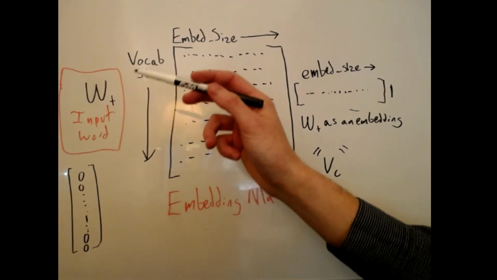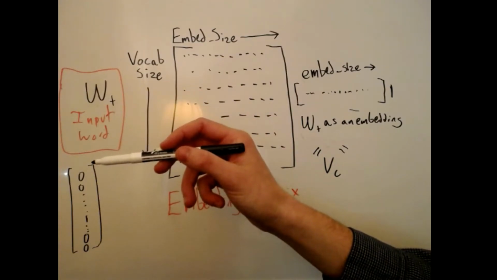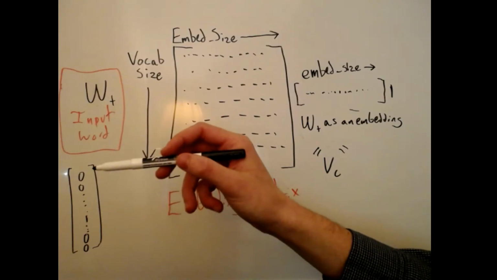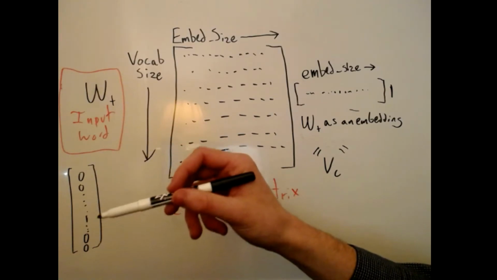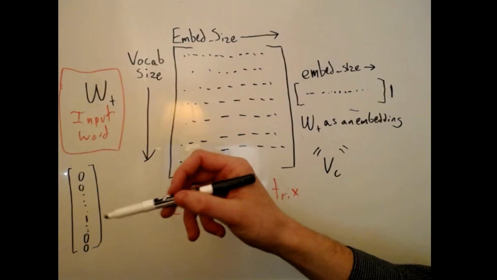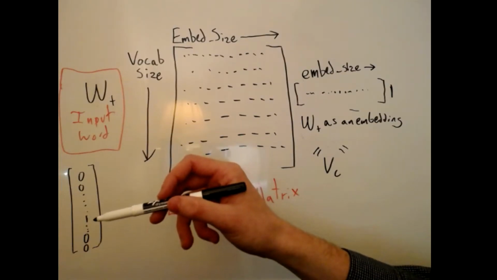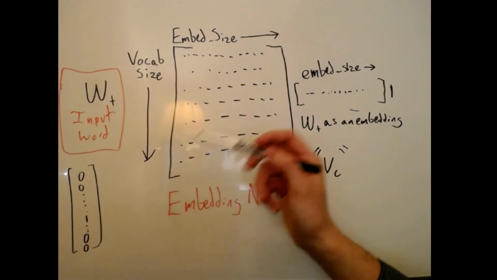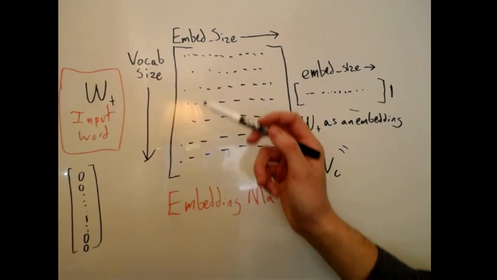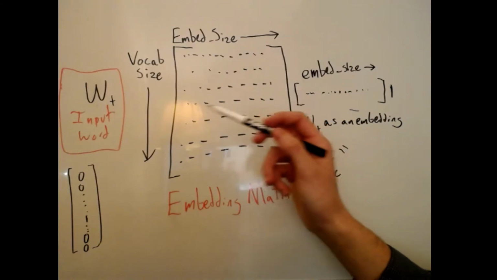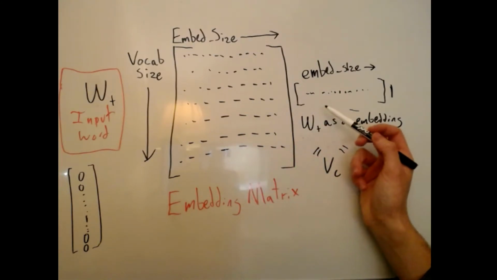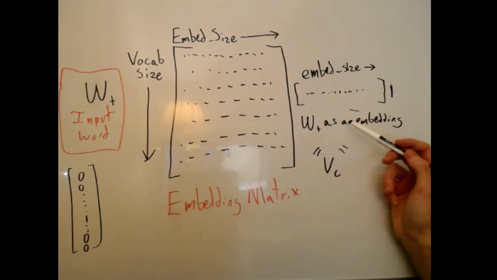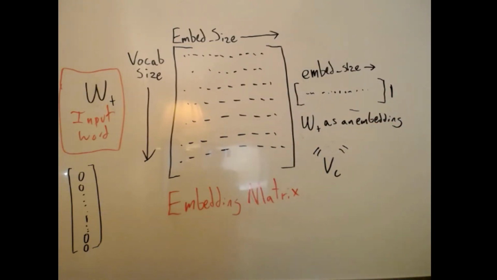What it'll do inside the function is create a vector of length vocabulary, all zeros except for a 1 in that spot that we set. So we'll have 0, 0, 0, 0, 0, and then 1 in the 32nd spot, and then a bunch more zeros. It'll multiply this by the embedding matrix and extract the single row that it needs, and that would be the word represented as an embedding. So it's a dense representation of that word.